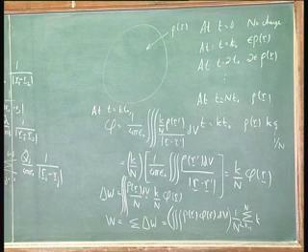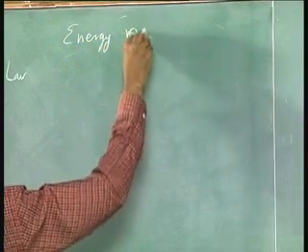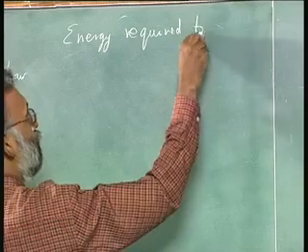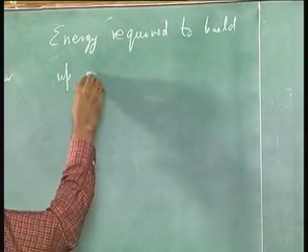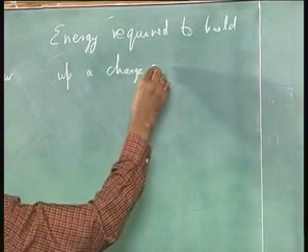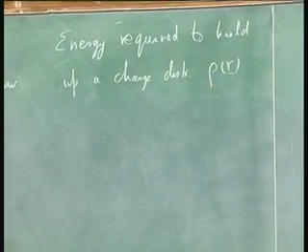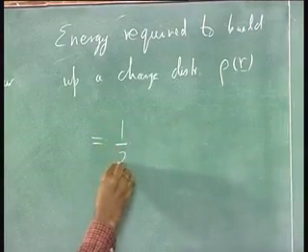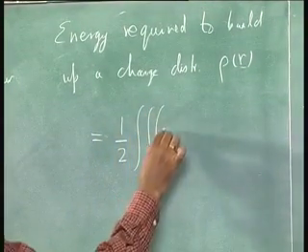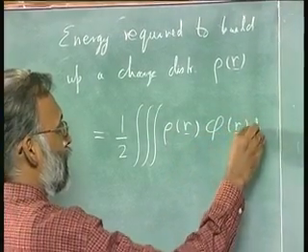It is not the only way to derive it, but what it is saying is the energy required to build up a charge distribution, and the charge distribution is rho of r, is equal to 1 over 2 volume integral rho of r times phi of r dV.